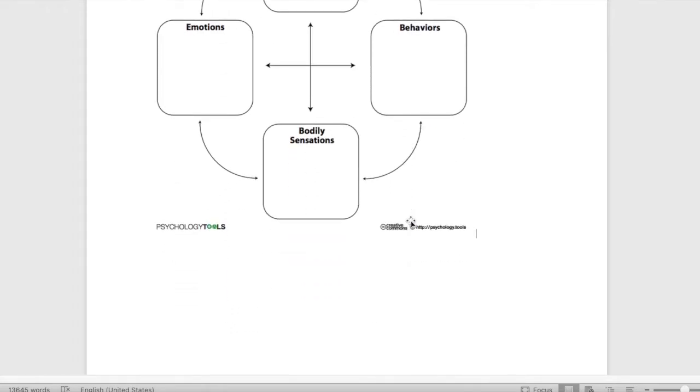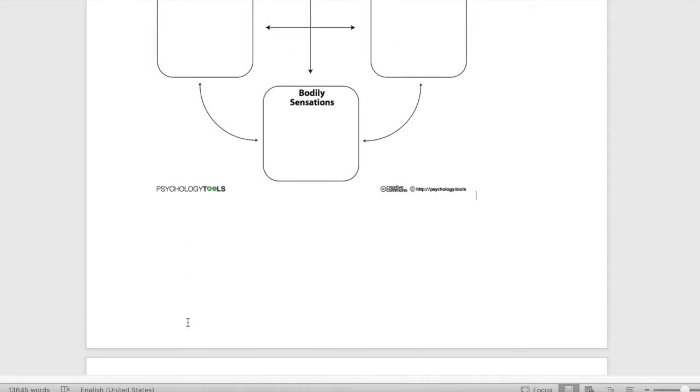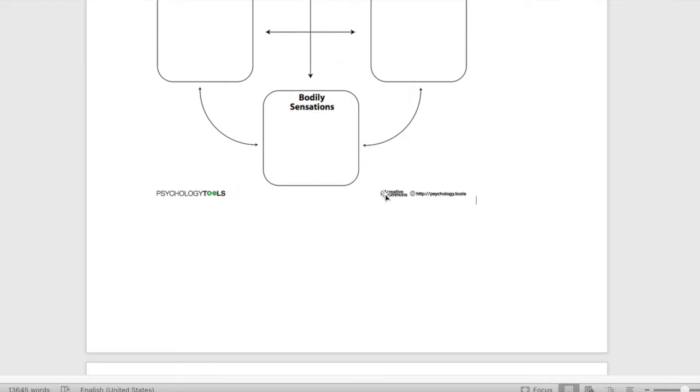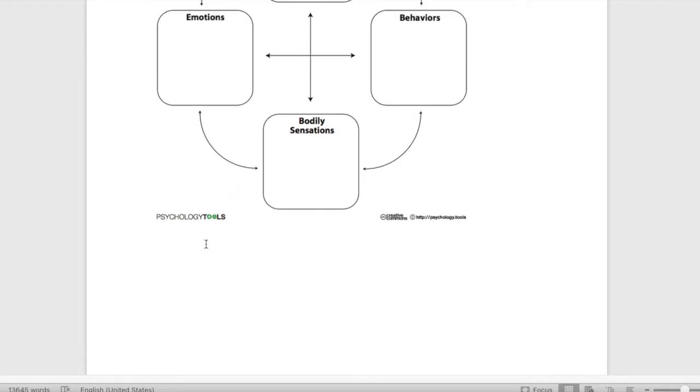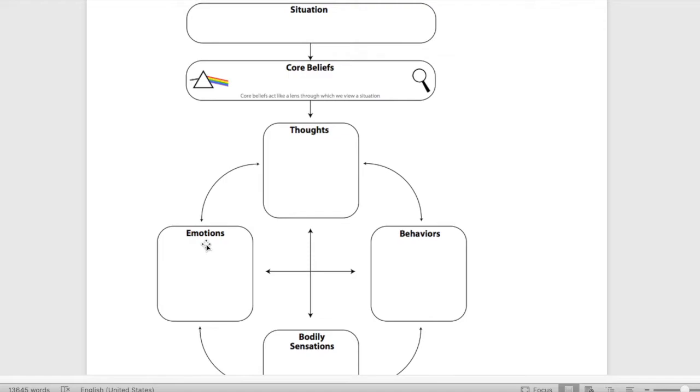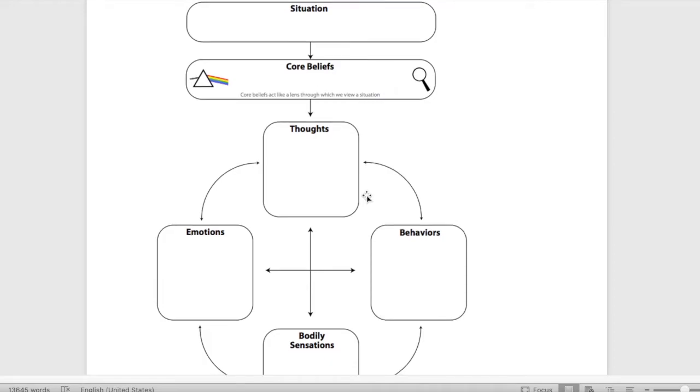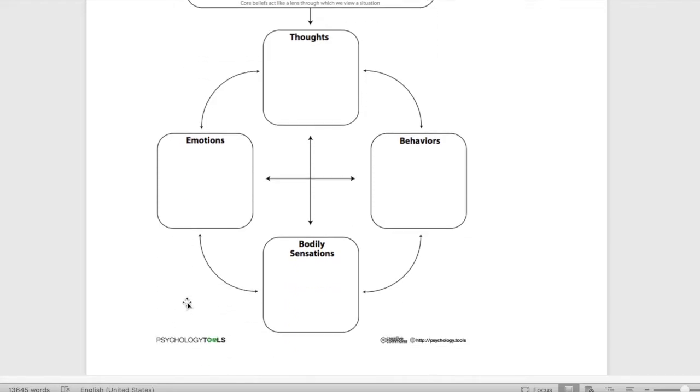After you get all of that, there's an area here that's missing, but basically there's a place where you're going to want to write some more helpful thoughts. Once we have your core beliefs and the situation in front of us, you've identified a thinking pattern that causes feelings to be overwhelming at times, which affects your behaviors and your body.